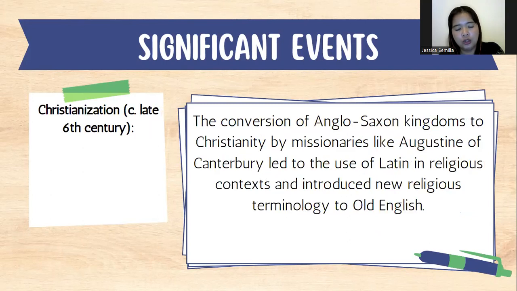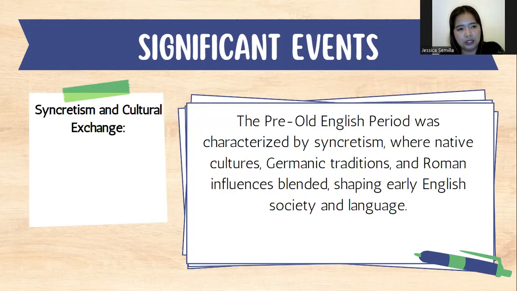Then, there is the spread of Christianization, the conversion of the Anglo-Saxon kingdoms to Christianity by missionaries like Augustine of Canterbury, which led to the use of Latin in religious contexts and introduced new religious terminology to Old English. And of course, the syncretism and cultural exchange.